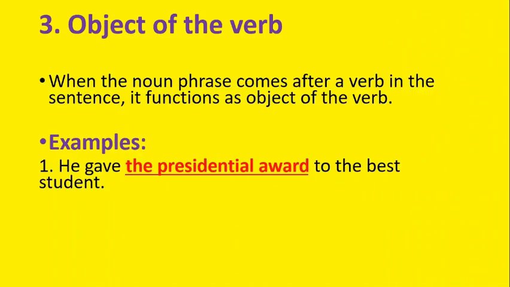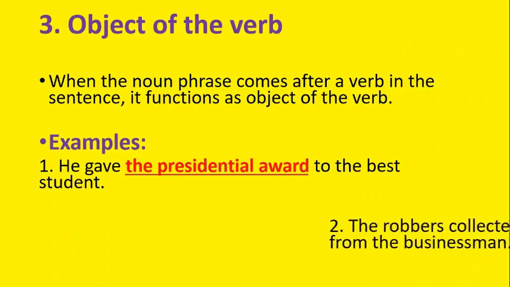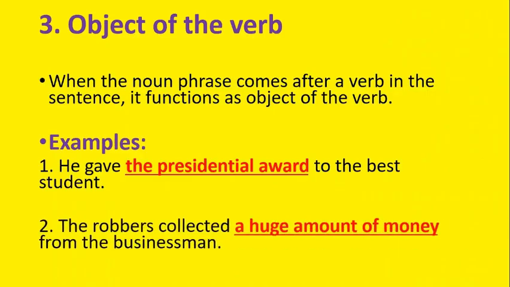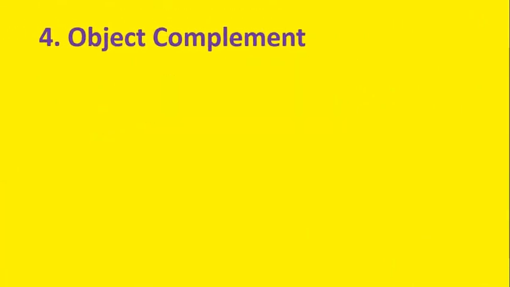The presidential award is coming after the verb gave, and it's object of that verb. It functions as object of that verb. The robbers collected a huge amount of money from the businessman. After collected, we have a huge amount of money, which is the noun phrase that we're looking at and functioning as object of the verb collected.